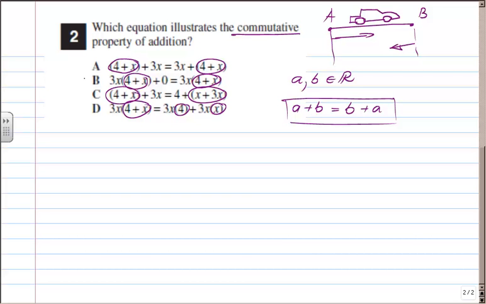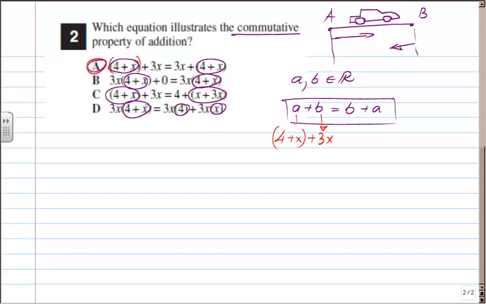And as you can see, looking at my A option here, that seems to be the right answer, right? Because I have 4 plus x in the parentheses, that's my A, plus 3x, which is my B, right? So this is 4 plus x plus, and let's not use the parentheses, plus 3x.